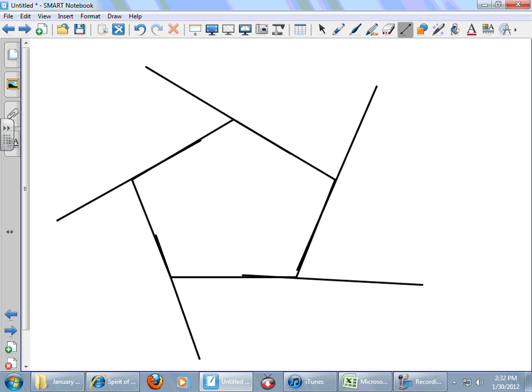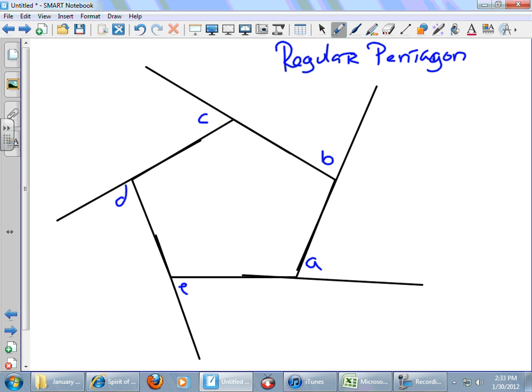A little bit anyway. All right, so I'm going to want you to find A, B, C, D, and E, and their sums. I'm going to tell you that it is a regular pentagon. And so you're going to have to find the measure of the interior angles on your own, which will be really easy.